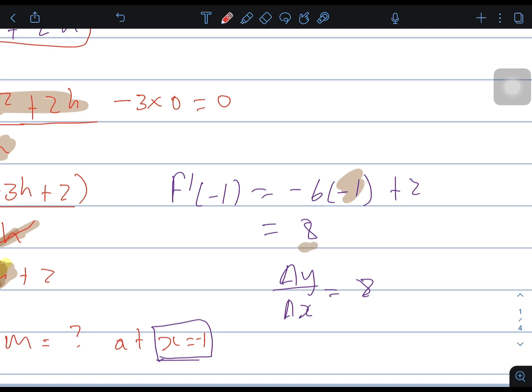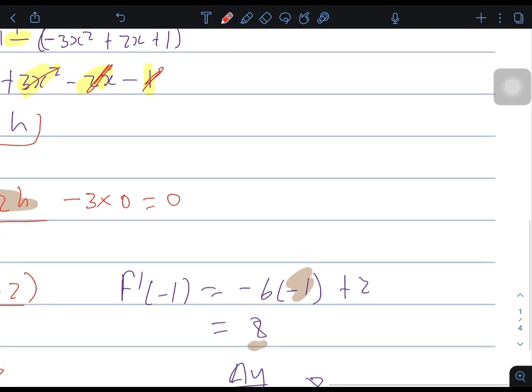Let's say we calculate the gradient at x equals 5. So f prime of 5 is equal to -6 times 5 plus 2.